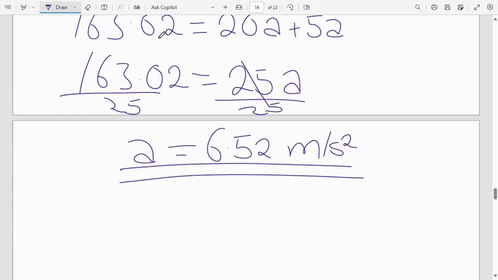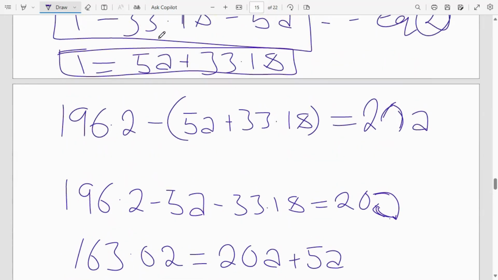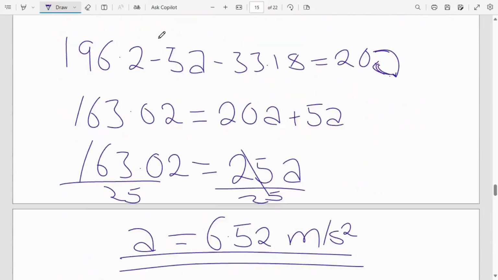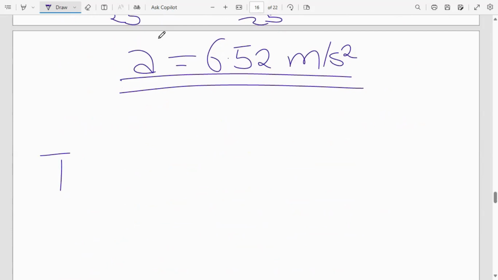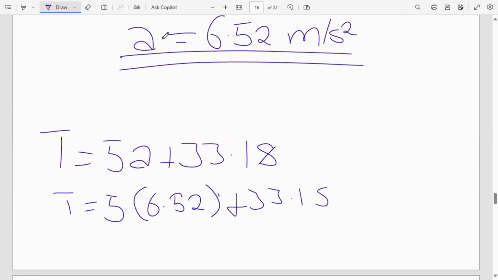Okay, so that's the value for acceleration. So I can take the acceleration and plug it into this formula for us to get the tension. So say T is equal to 5a plus 33.18. So T will be equal to 5 times 6.52 plus 33.18.